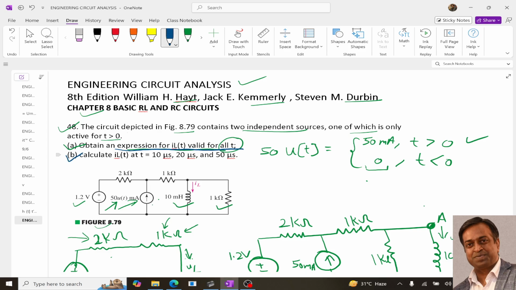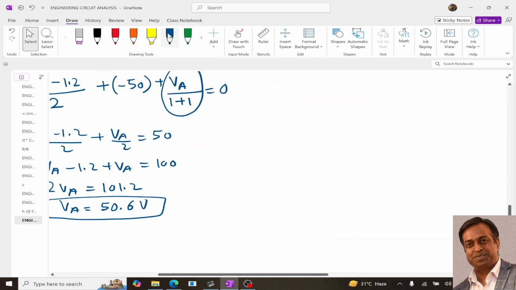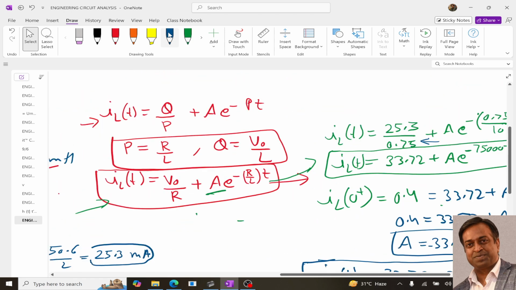Next we need to calculate the inductor current at three times: at t equals 10 microsecond, 20 microsecond and 50 microsecond. Simply, in the expression that we have obtained, we just have to substitute the values.